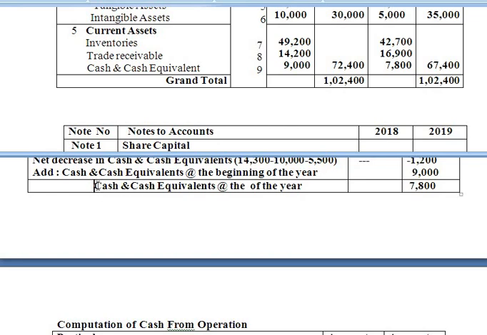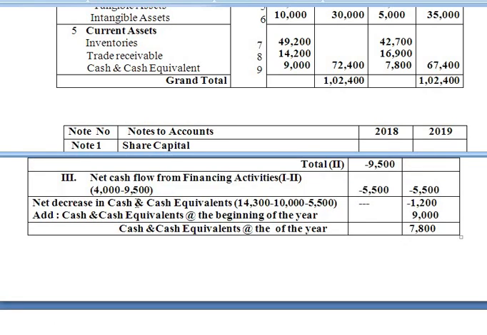See, cash and cash equivalent at the end of the year how much? 7,800 as per our calculation, and check the amount of cash and cash equivalent given in the balance sheet, 7,800.